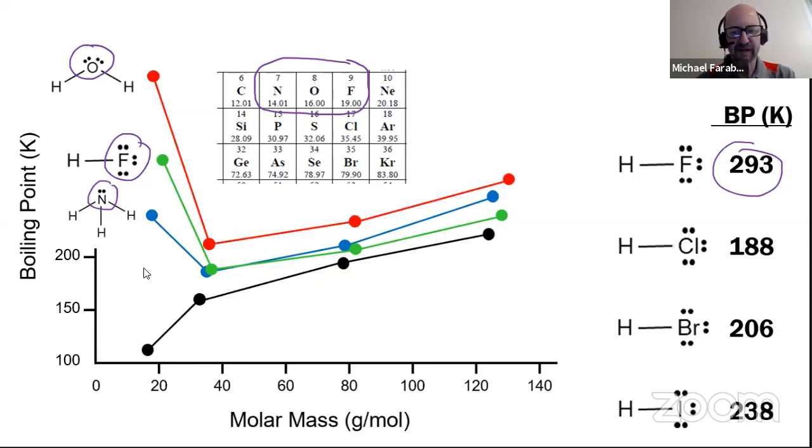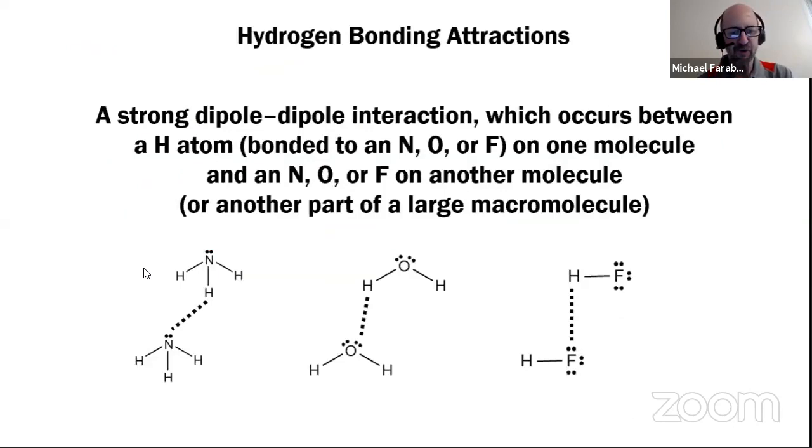Hydrogen bonding is a strong interaction that occurs between molecules. The kind of molecules we're talking about are those where an H atom is directly bonded to nitrogen, oxygen, or fluorine, and then that connects with another molecule. So the nitrogen of one molecule connects with the hydrogen on another molecule.